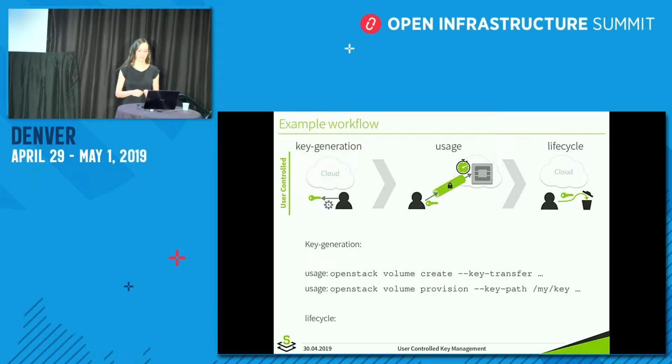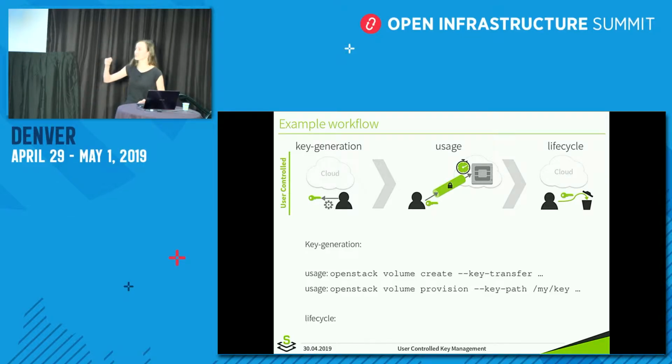User creates the key. User does the command openstack volume create and indicates that he wants to use the key transfer. And then the create stops at the provisionable state.